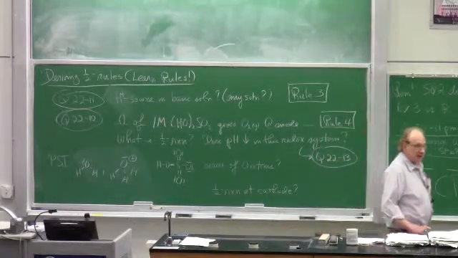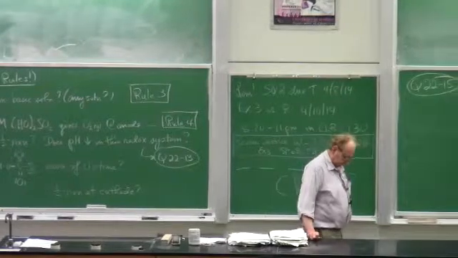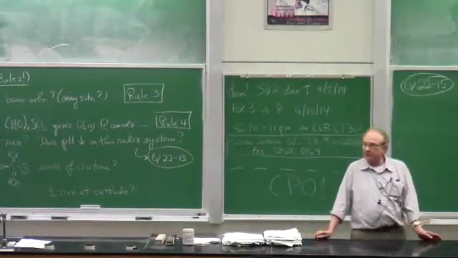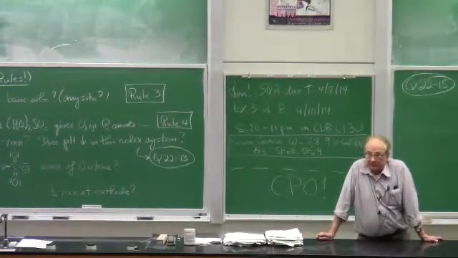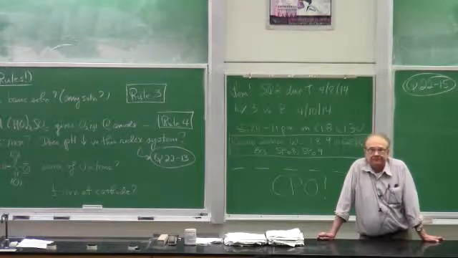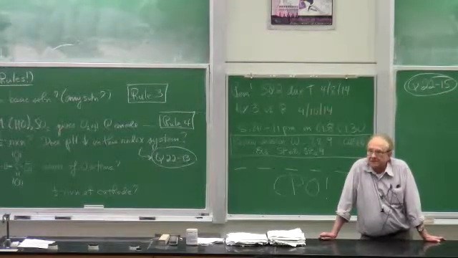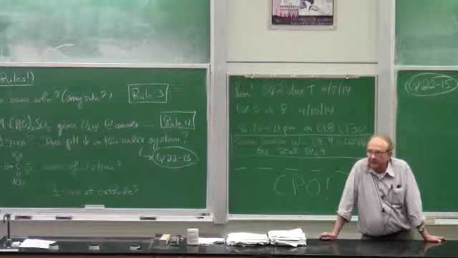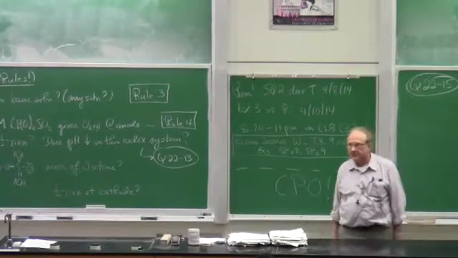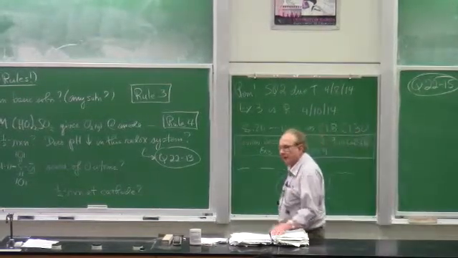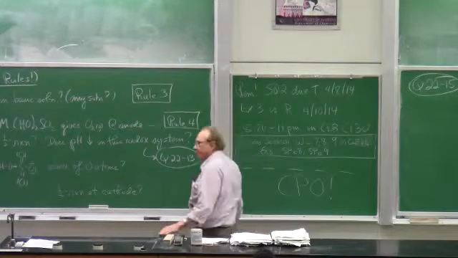That means H pluses have got to come from someplace. From where do the H pluses come? What's the answer that's always correct? I heard water. That's not correct. The strongest acid present at high concentration in the system.